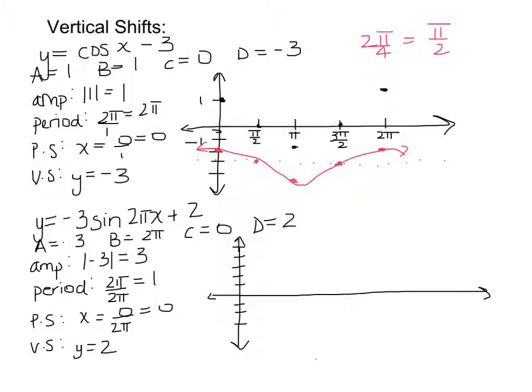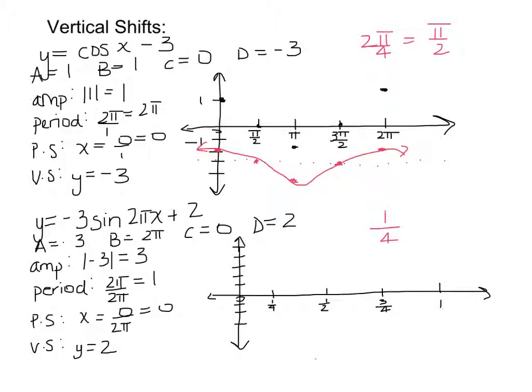Take your period and divide it by 4. So we're starting at 0 and we're adding 1/4, 2/4, 3/4, 4/4, which is 1.